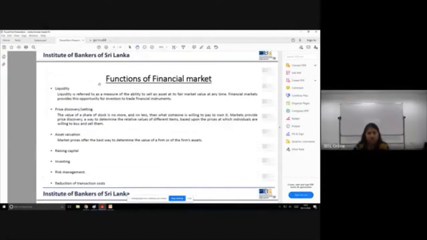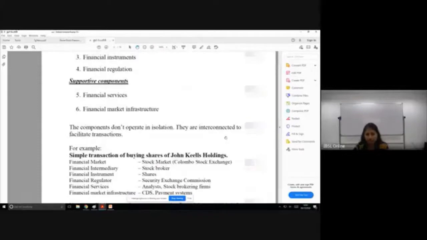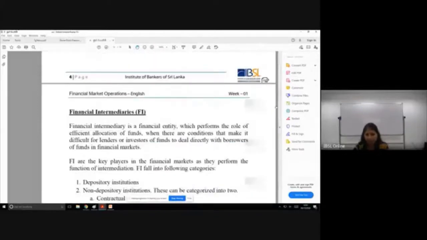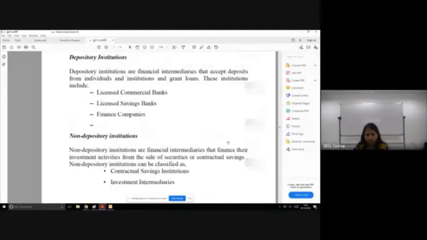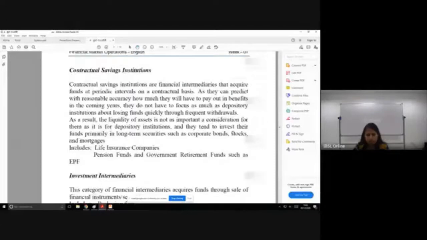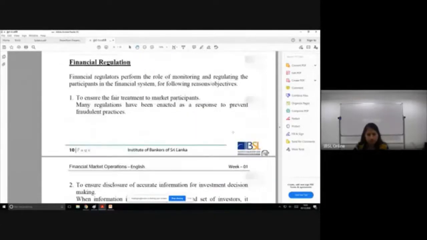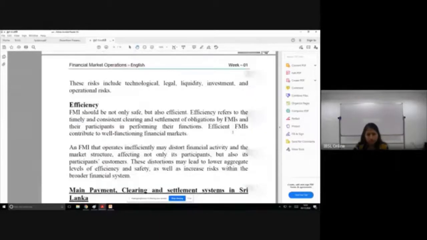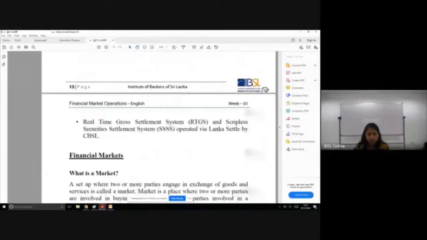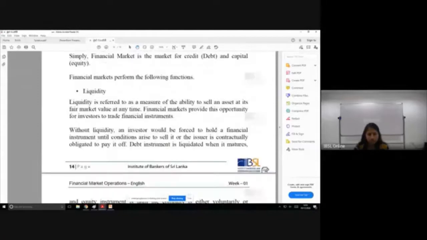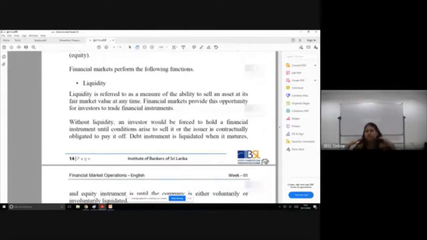So what are the functions of financial markets? Let's go to the note. I've been elaborate there. So what do these markets do essentially?